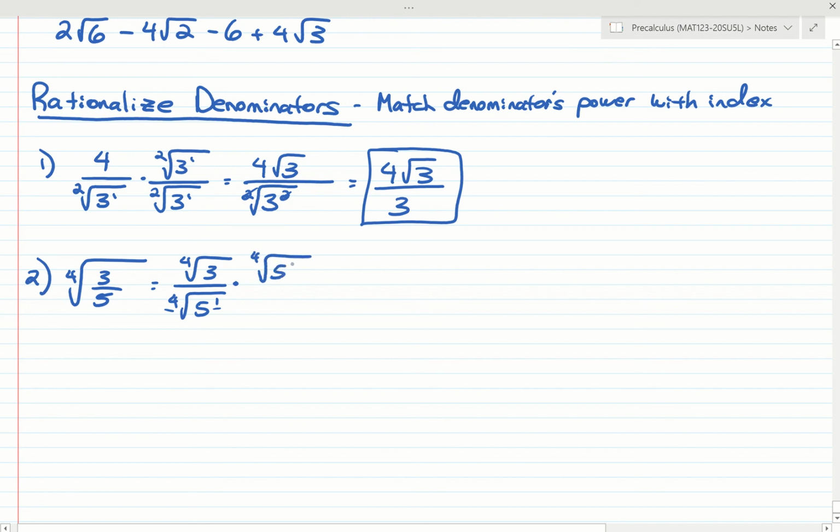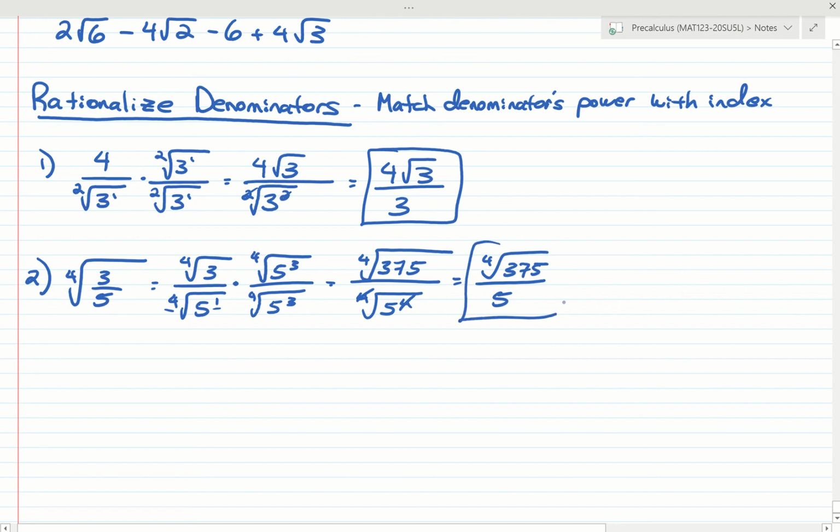Multiply by the 4th root of 5 to the 3rd power over the 4th root of 5 to the 3rd power, which gives us the 4th root of the numerator, 3 times 5 to the 3rd. 5 to the 3rd is 125, and 125 times 3 is 375, which we can't simplify. But the denominator would be the 4th root of 5 to the 4th. The whole idea is that cancels out the radical there. And that would be the best answer.